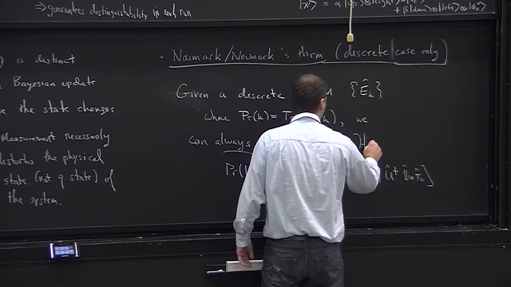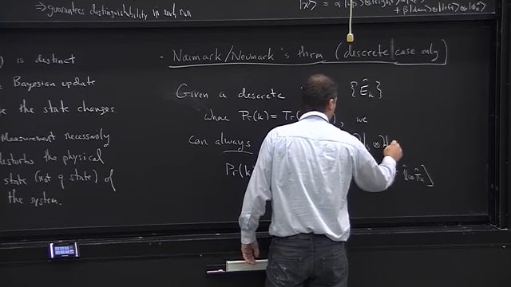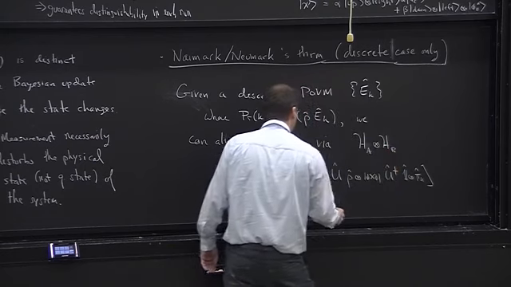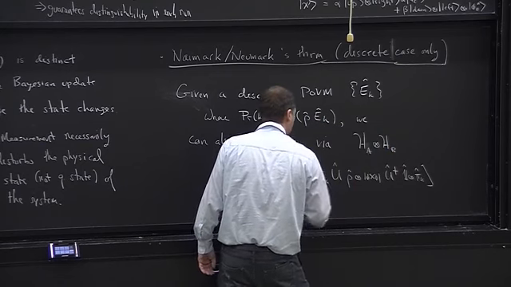Let's call it H_S cross H. Now let's do A and B, H_A, H_B. And then we have identity on A.